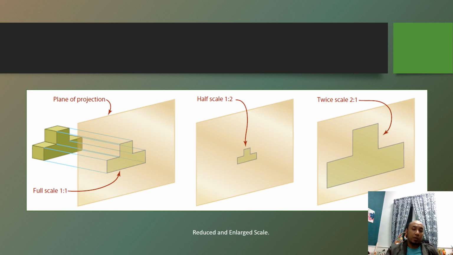Okay, so this is a graphic about the scale, full scale. When we call it full scale, their ratio is 1:1. So they become like this. So when we reduce the size, half scale is 1:2, and they become smaller.